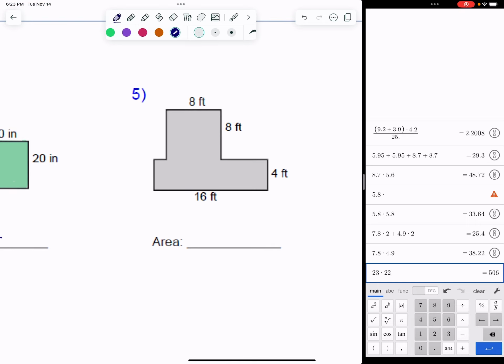I'm going to look at 5. 5, I still don't have a formula for, but I think I see a pretty convenient place to cut it. I think I'm going to cut it right across here.